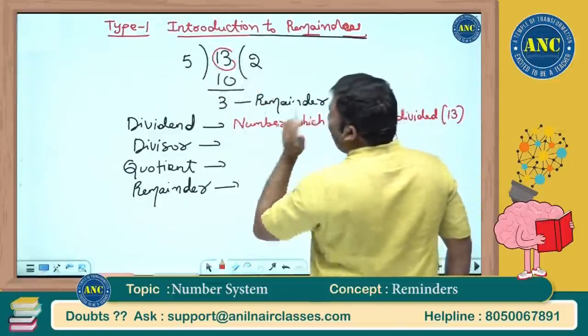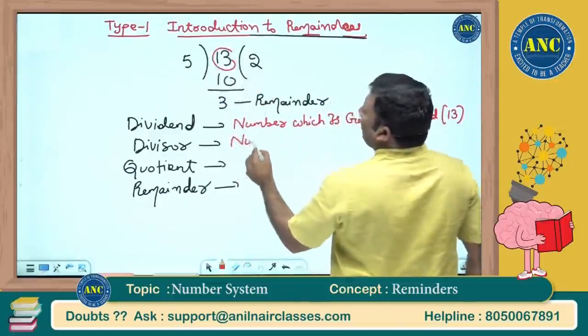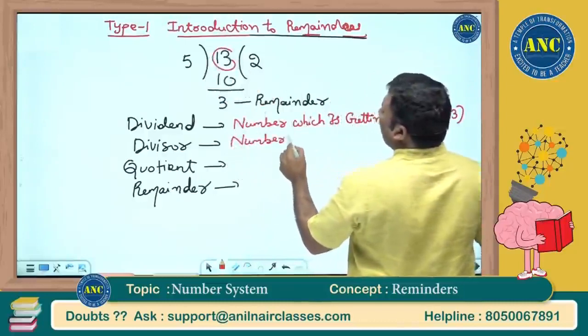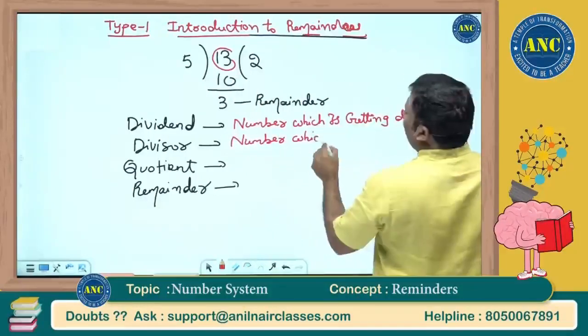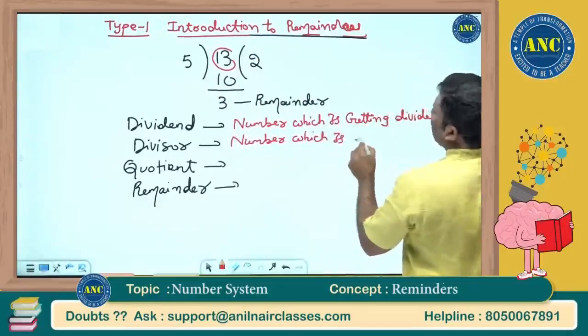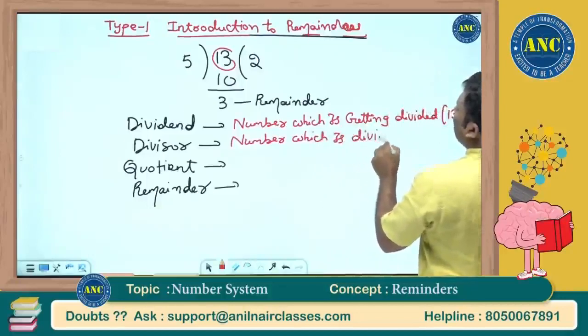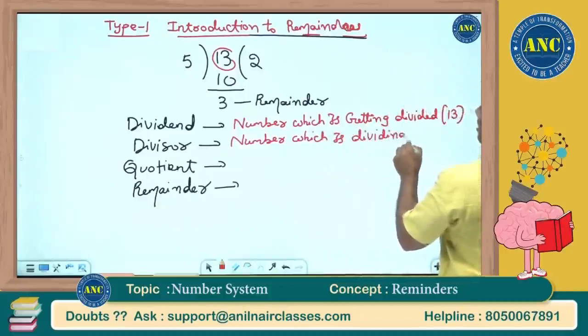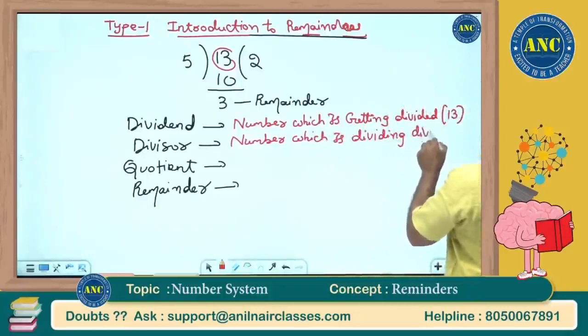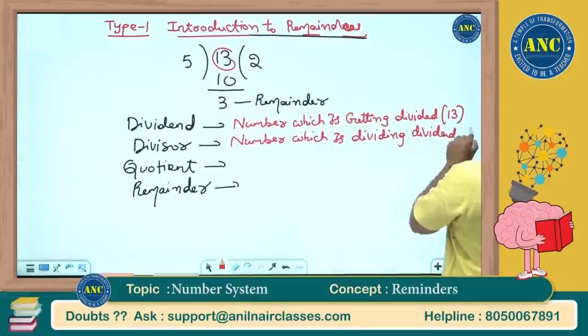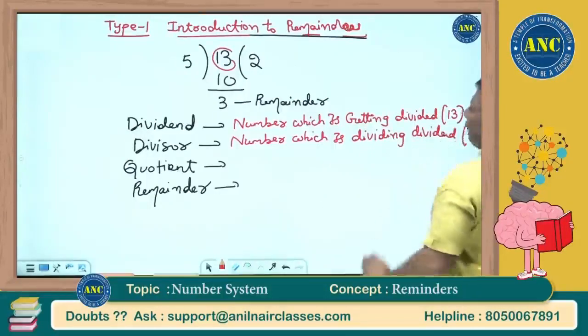What do you mean by divisor? Divisor is the number which is dividing. The number which is dividing the dividend is called the divisor, which is nothing but 5.